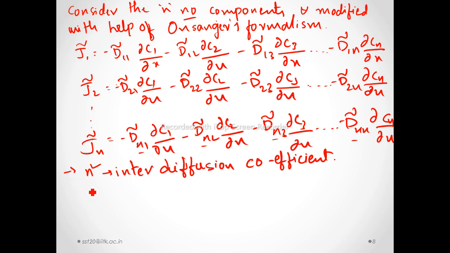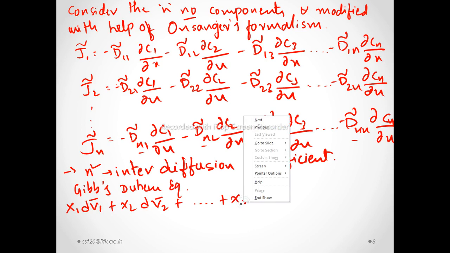So we can write it, considering the first Gibbs-Duhem equation: x1 dv1 plus x2 dv2 plus x3 dv3 up to xn dvn equal to 0.